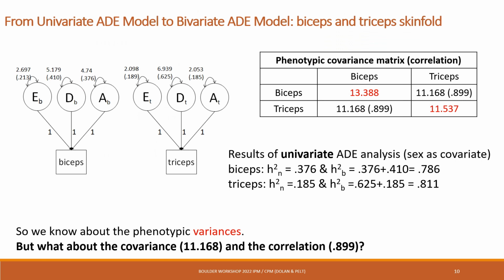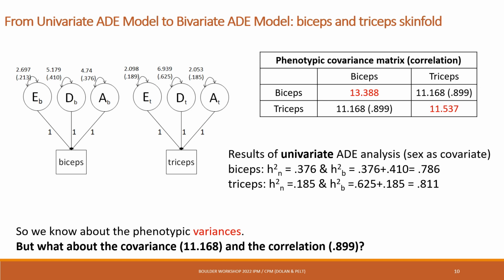So here are the results shown in the path diagrams of the univariate analysis of the biceps skinfold data and the triceps skinfold data. What I'm presenting to you is the decomposition of variance. The variance of biceps is 13.38, shown in red, in the covariance matrix top right. The variance of triceps is 11.53, again shown in red.